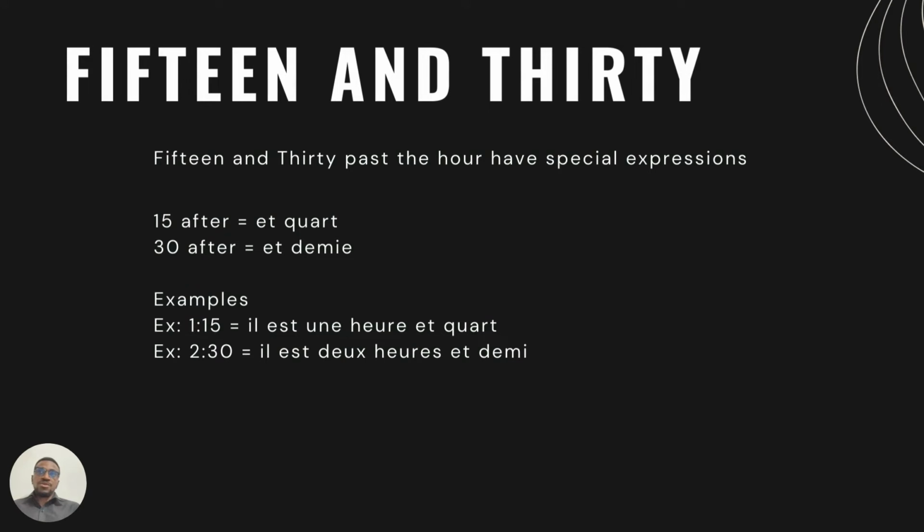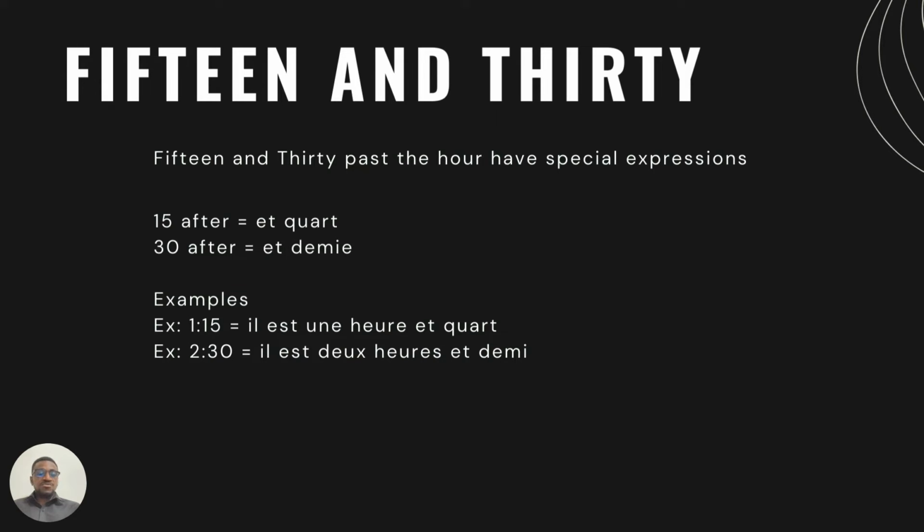So, let's look at 15:30. We have 15 after, that's a quart, and 30 after, a demi. It's rare to refer to your time as 15 past 2 or 15 past 1. It's usually quarter past or half past.